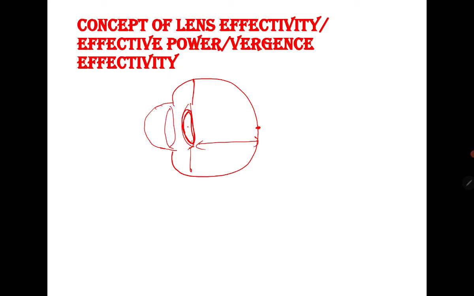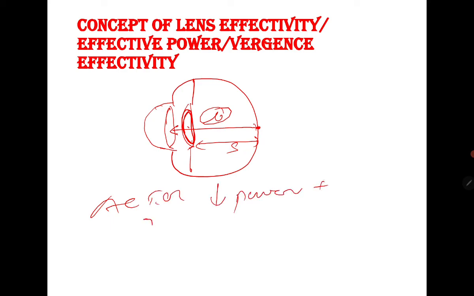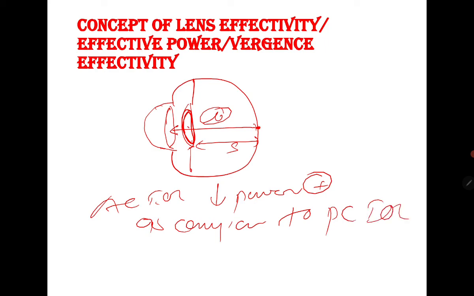And when we put an ACIOL, at the same time we move the plus lens away from the eye. When we move the plus lens away, the distance between them is larger. So when it comes large, the power of the IOL should be low. That's why in case of ACIOL we reduce the plus power obviously, as compared to PCIOL.